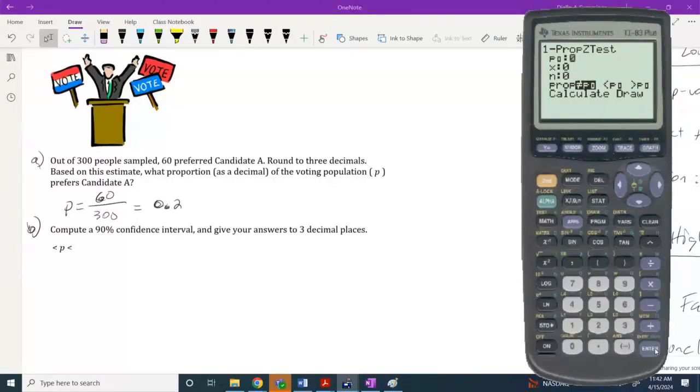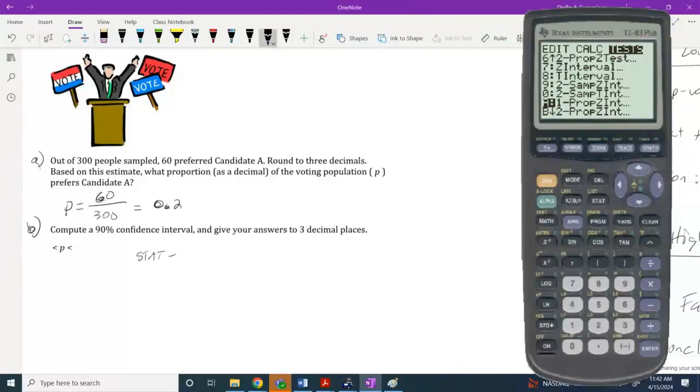All right, so we're given that. I'm sorry, I'm doing part A. We want a z interval. No, a 1 proportion z interval. Let me just write that down.